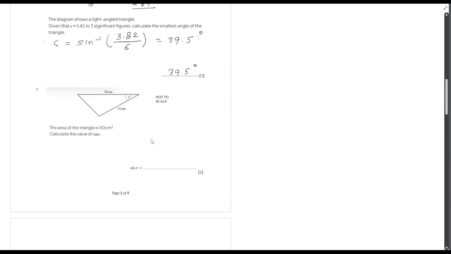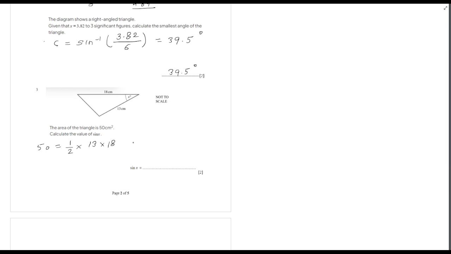Now the third question: the area of the triangle is 50 centimeter square. Calculate the value of sin x. We all know the area of a triangle is half times the product of two sides and the sine of the angle between them.